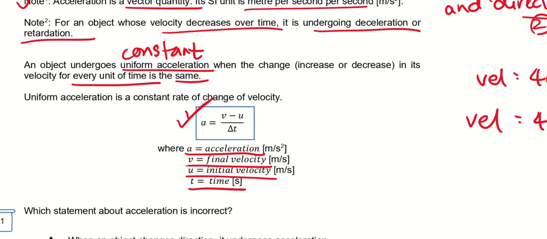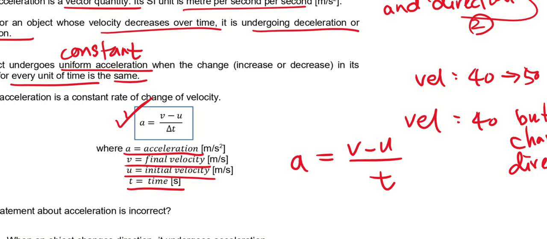t is our time. Now, if velocity is meter per second, time is seconds. How do we get meter per second squared? Now, I will test you on math. v minus u, what is the final unit?